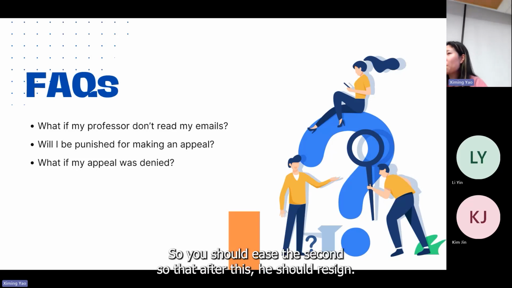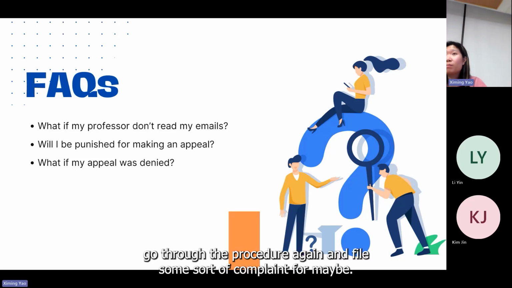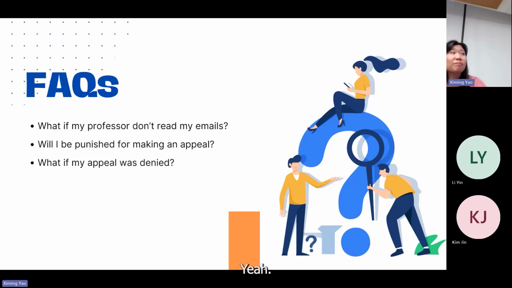So if there's a concern that you have to raise, you should raise it. Also, if they punish you for doing an appeal, then you can go through the procedure again and file a complaint under one of the other policies about that behavior. You have a point.